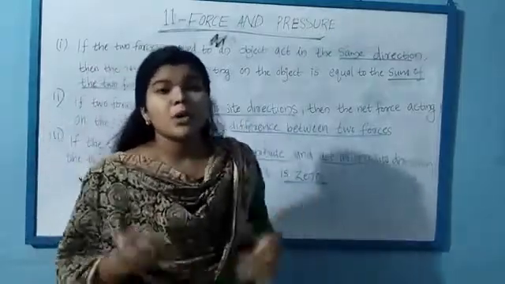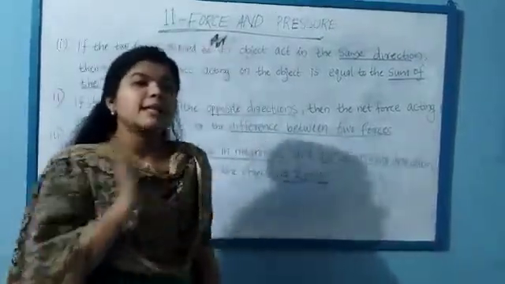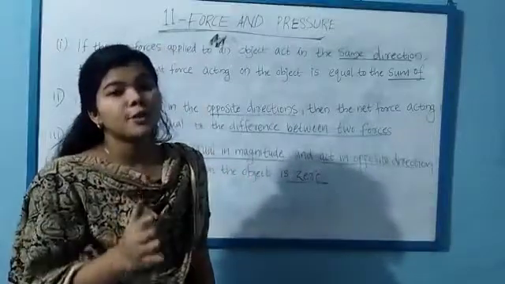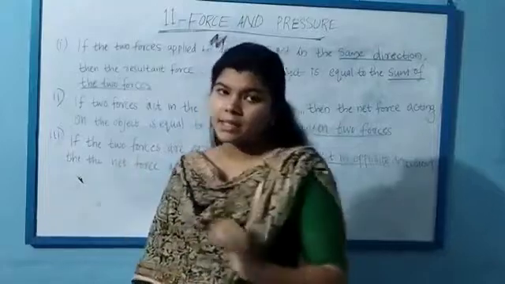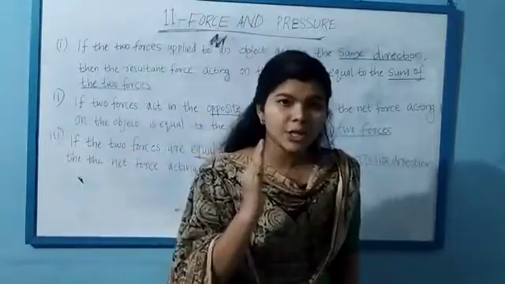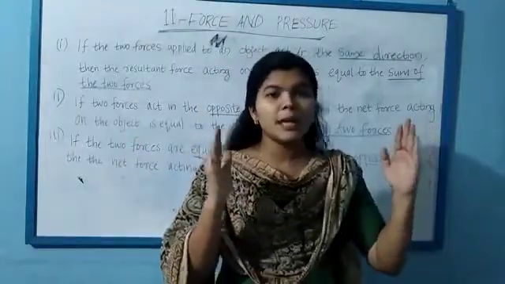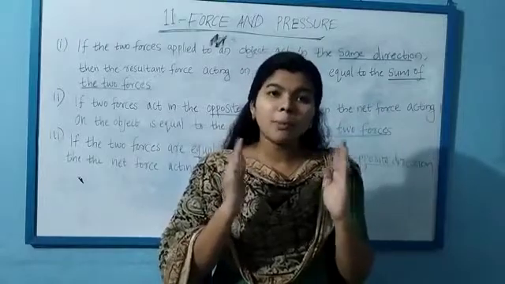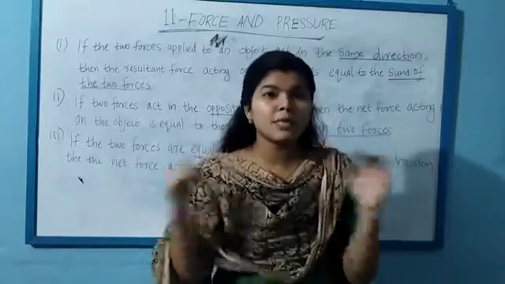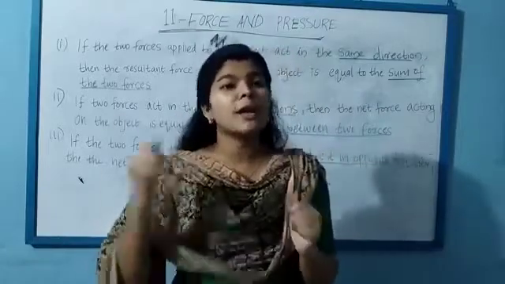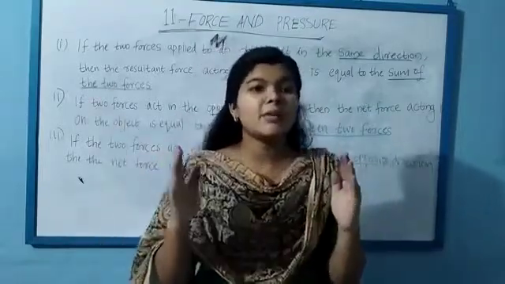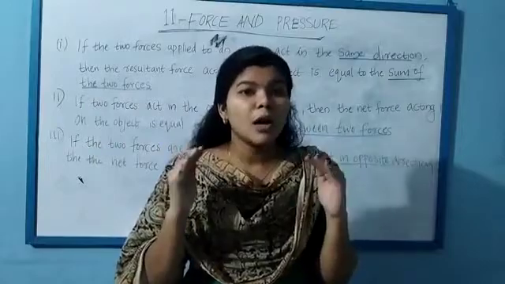Suppose you are applying a force in this direction and your friend is applying a force in the opposite direction. Both of you are applying forces in opposite directions, and imagine that your friend is stronger than you, so he will apply more force.